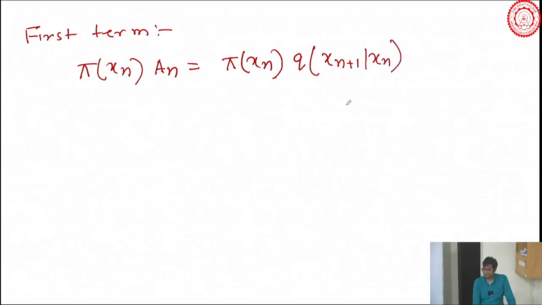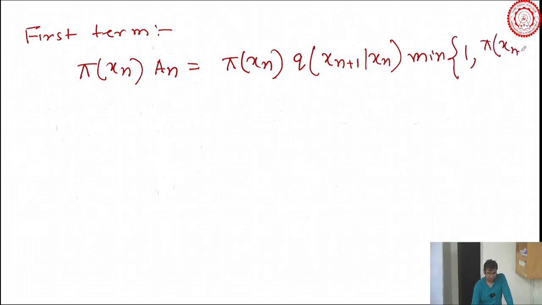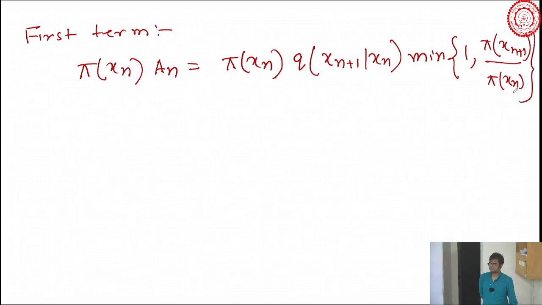And then the acceptance ratio, I will write the whole form, which is minimum of 1 comma pi of xn plus 1 given pi of xn. If I write pi star and all of those things, it will not matter, right? This is the term, right?